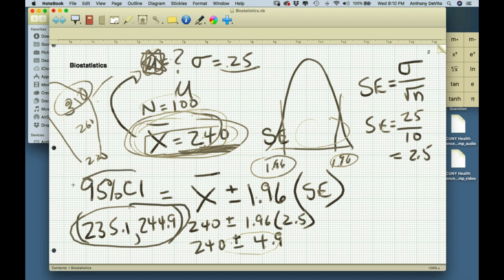That's why we call that a 95% confidence interval, right? Because we're 95% sure the true value of mu is between these two numbers.